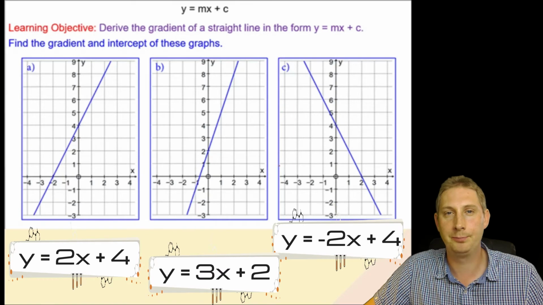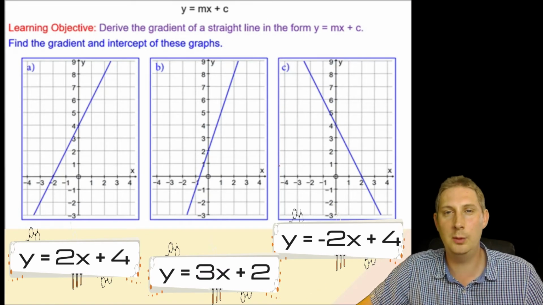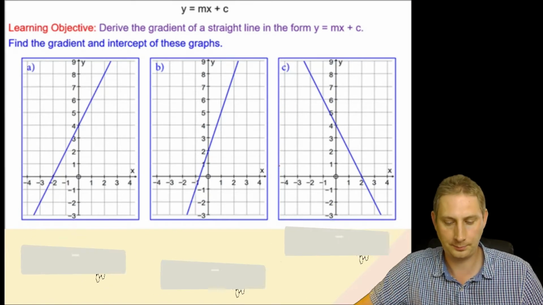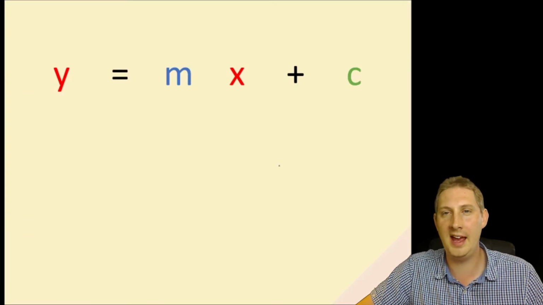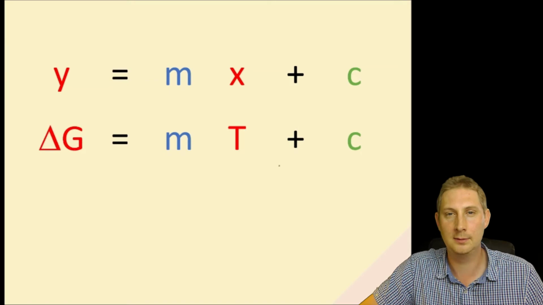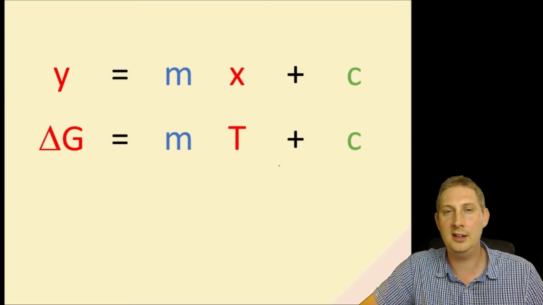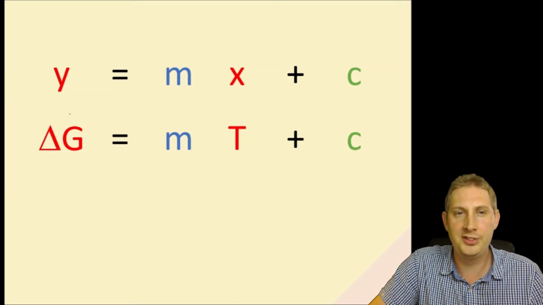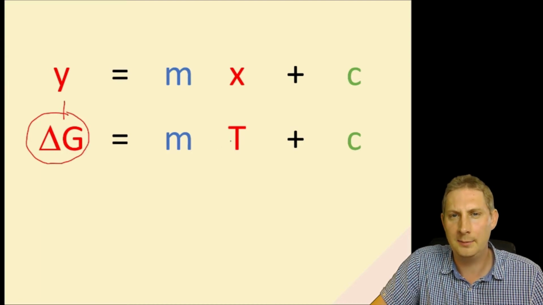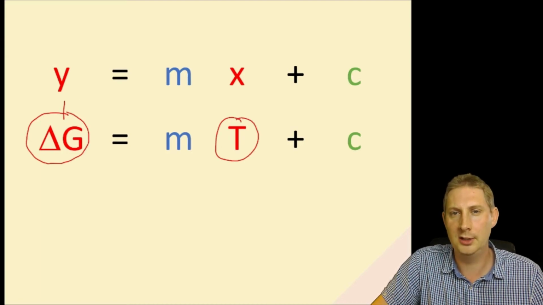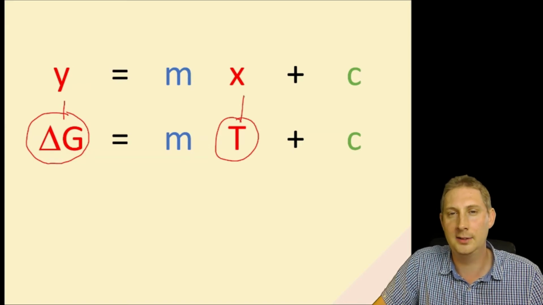There you go. Now, why do we care? Why do we want to know this? Well, if we take that equation y equals mx plus c, we can imagine plotting delta G on the y-axis against temperature on the x-axis.